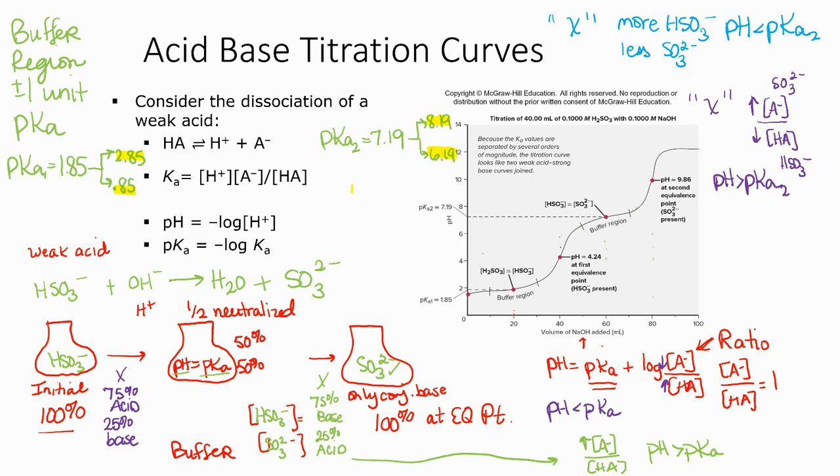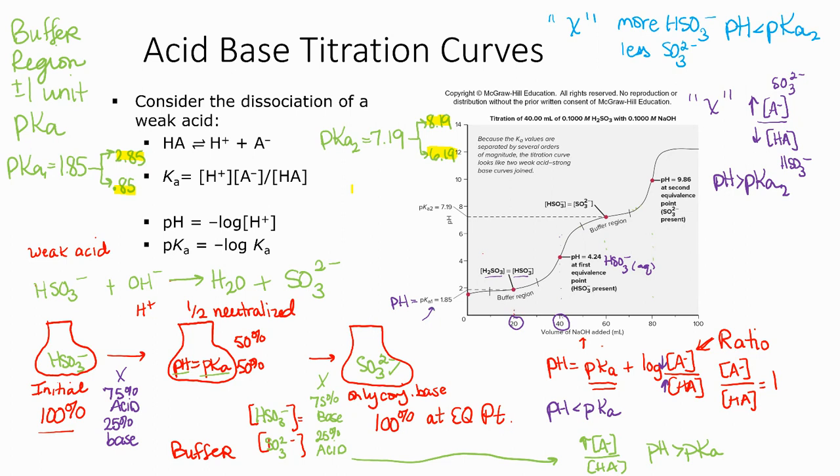I'd highlight where that midpoint of this inflection is. At first equivalence, you always have only conjugate base. If it took 40 mils to get to equivalence point, halfway there at 20 mils, conjugate base equals weak acid, and pH equals pKa. In that case, it's pKa1 for the first ionization.